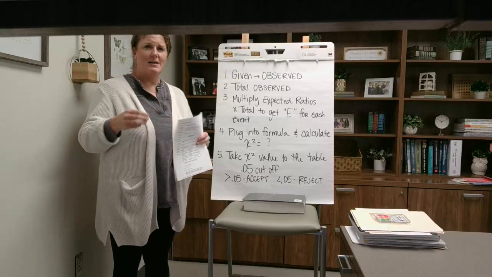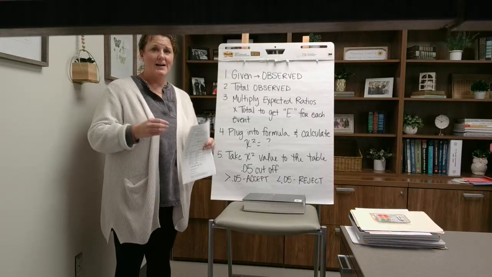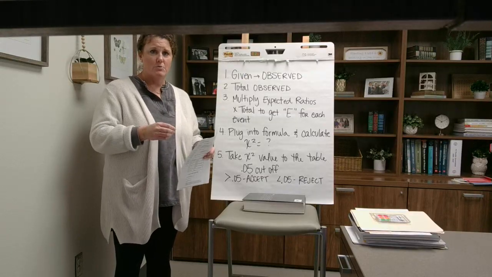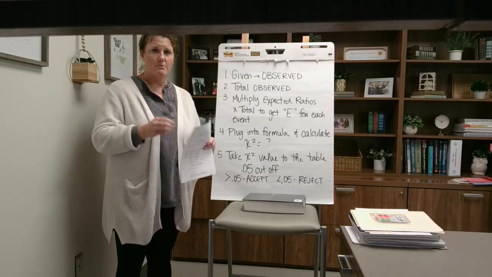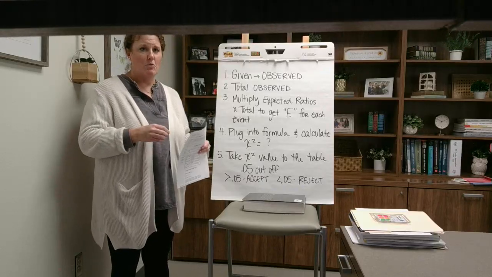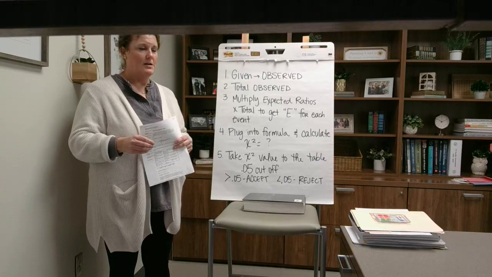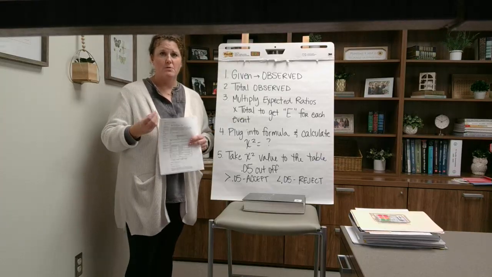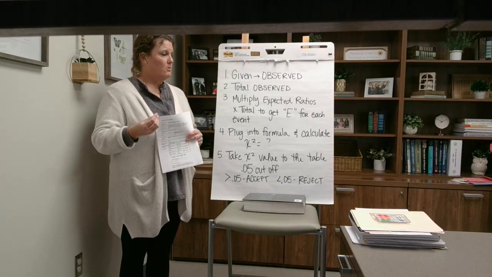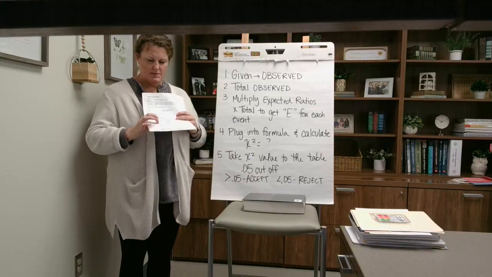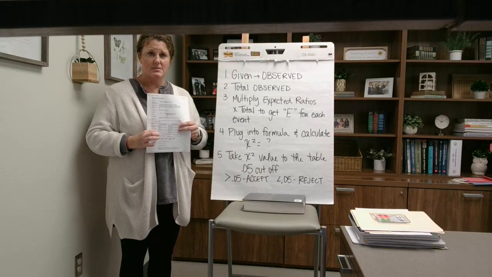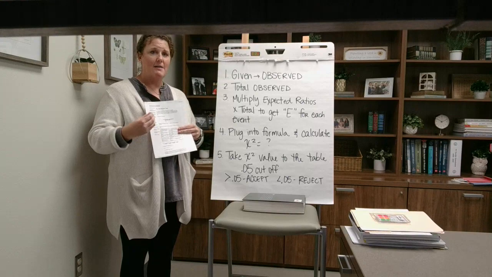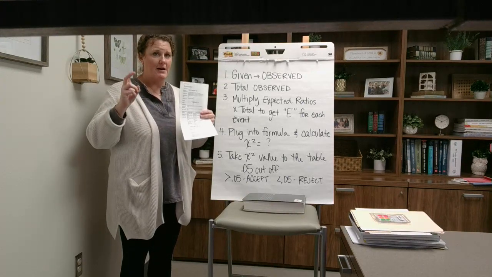So when I say 9, 3, 3, 1, I'm saying 9 out of 16, 3 out of 16, 3 out of 16, and 1 out of 16. Okay, so our ratio would be those fractions. So I take my total, which in this case was 556, and I have to figure out my E values.